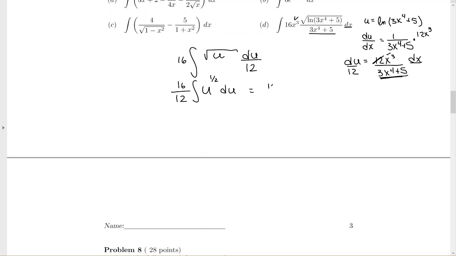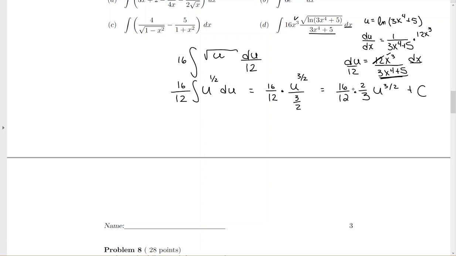So 16/12 times u to the 3/2 divided by 3/2, or times it by 2/3. So 16/12 times 2 over 3, keep change flip, u to the 3/2, and then plus a c, but then take out your u and put in that natural log thing.